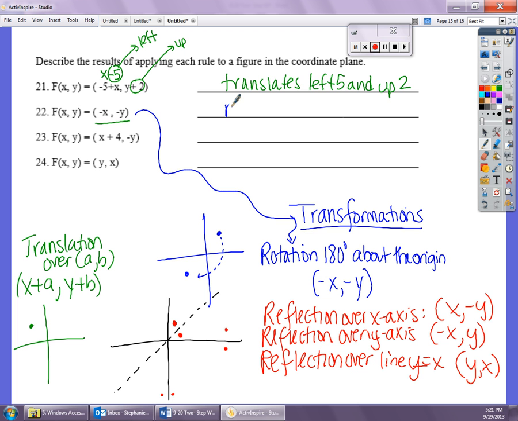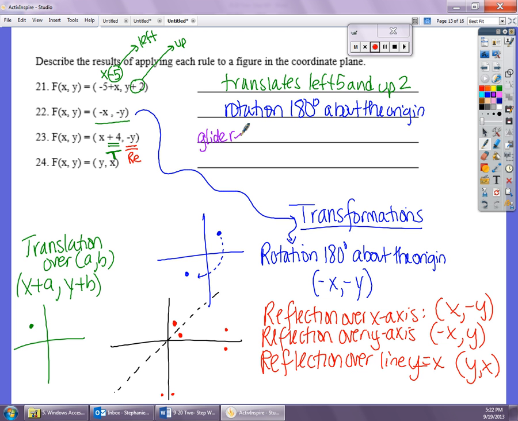So all that is a rotation of 180 degrees about the origin. Okay, this next one is a combination. If you look at it closely, this part right here represents the translation. And then this part right here represents a reflection.